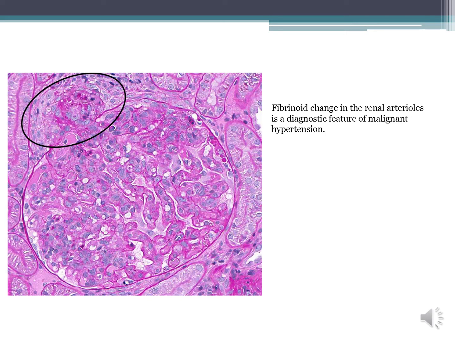Here, this is the area of fibrinoid change in the renal arterioles, and it is quite common to malignant hypertension.